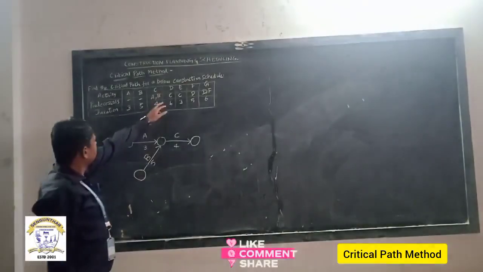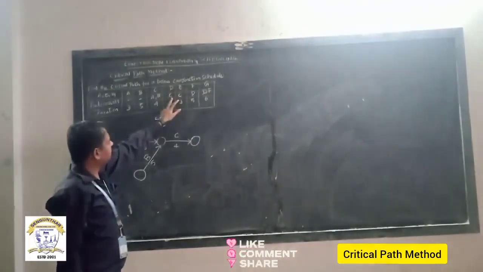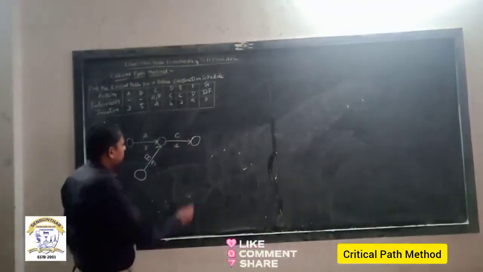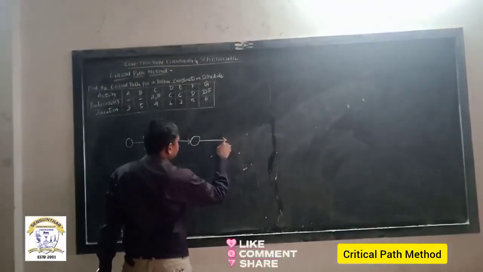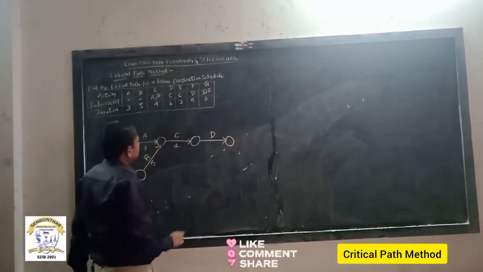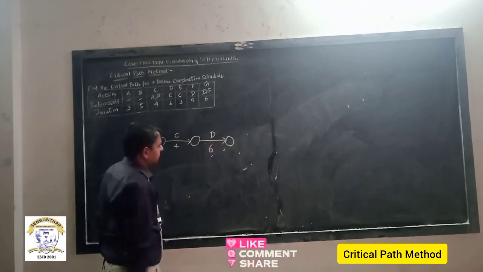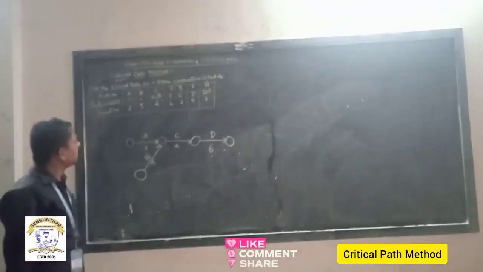Right. See the next activity, D. For activity D, what is the preceding activity? C. So after completion of C only, activity D will be initiated. So this is activity D, and its duration is 6. Clear? Right.